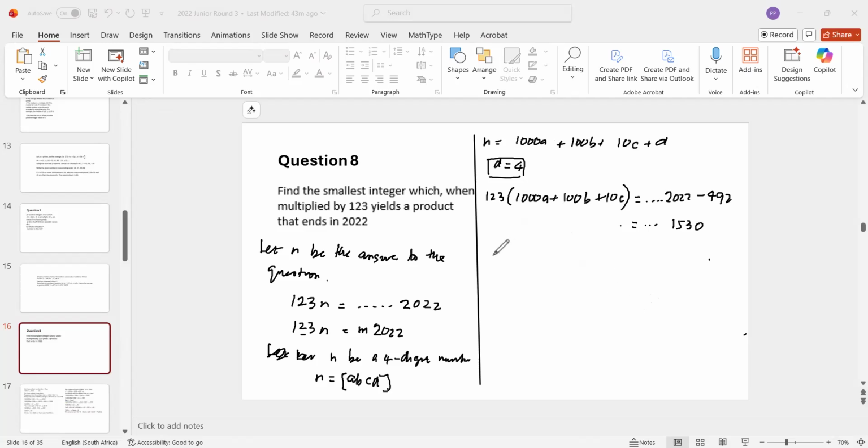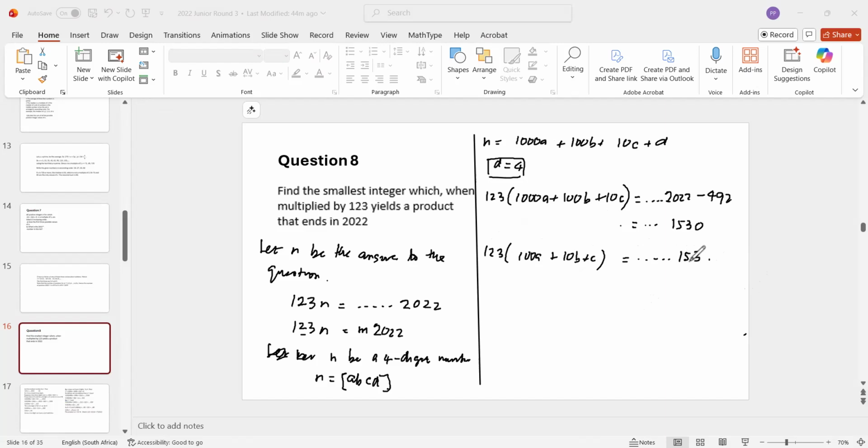All right? Divide by 10 again. It's almost a repetition of what we did before. So you land up with something which ends in 153. Right? I'm dividing by 10 on both sides.